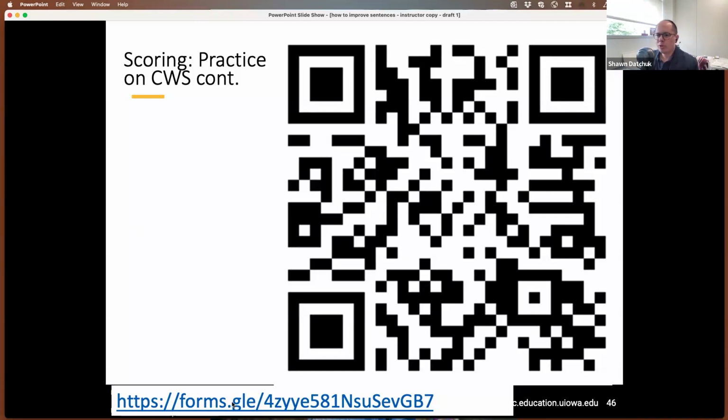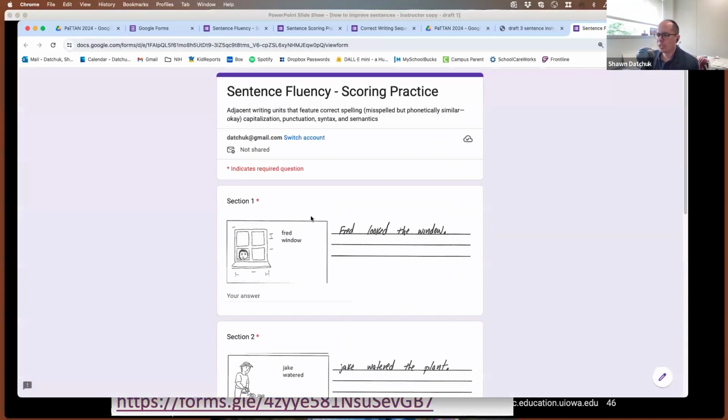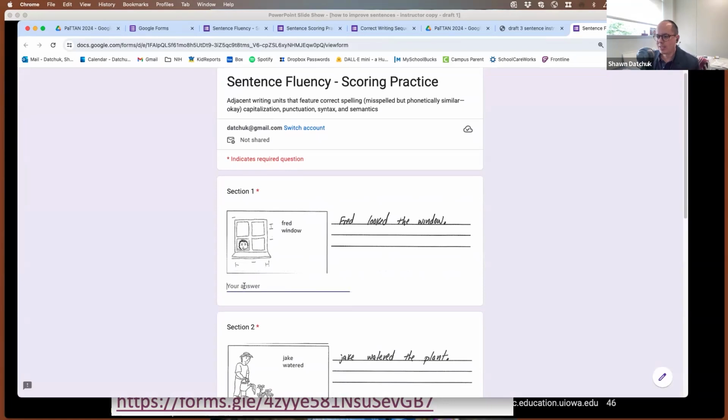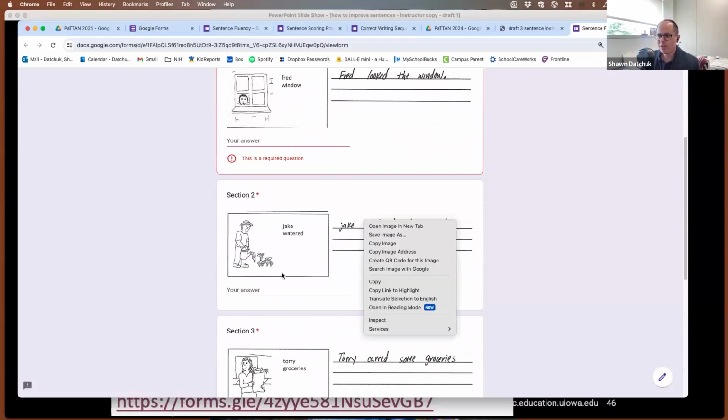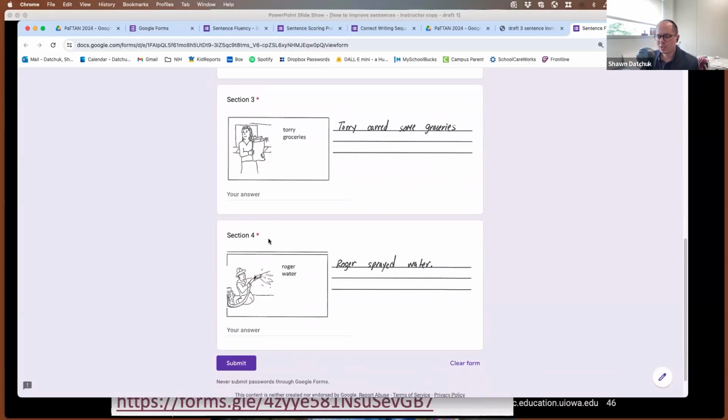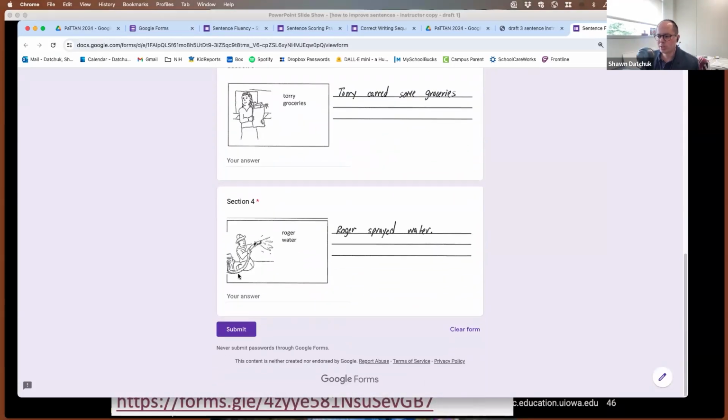Okay. So if you have had luck opening that, what you'll see is something like this. And on my screen, I'm going to put up the rules once again for how to score these. But what I'd like you to do is write down the number of how many correct writing sequences would happen in this one, this one, and this one, and then click submit.